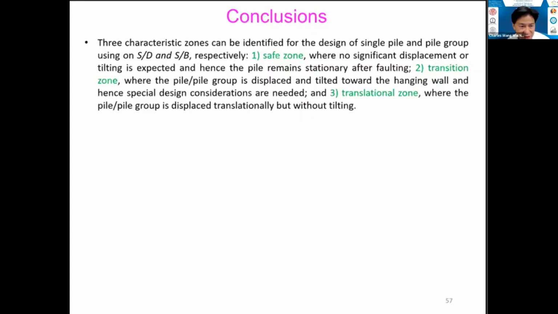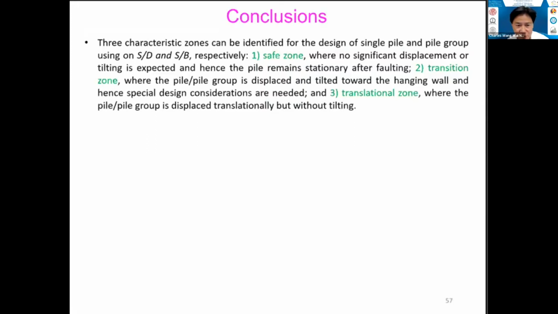Definitely the designer should pay attention if your pile foundation is located in this zone, or if you plan your zoning for buildings, you have to check whether your zoning falls within this transition zone. And then the last zone is a translational zone.